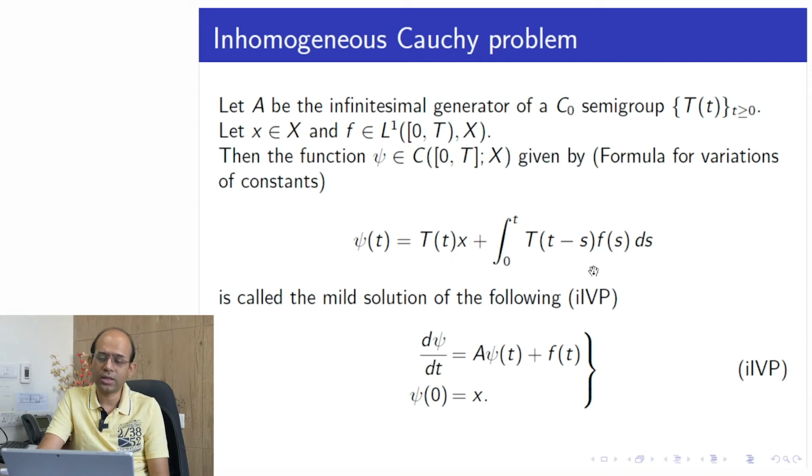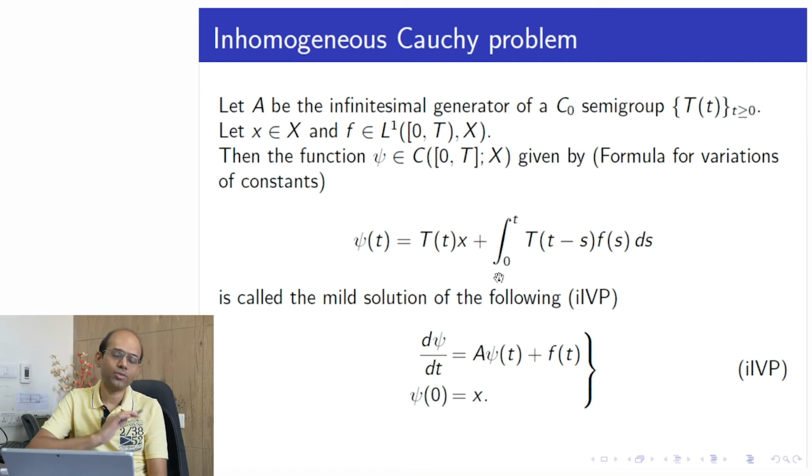And then if f is an L1 function and this is a C0 semigroup, then T(t minus s) f(s) is L1. So this integral from 0 to t would be continuous in the t variable. This is the reason that psi t would be continuous on the closed interval 0 to capital T, the way it is defined here. So this is called the mild solution.